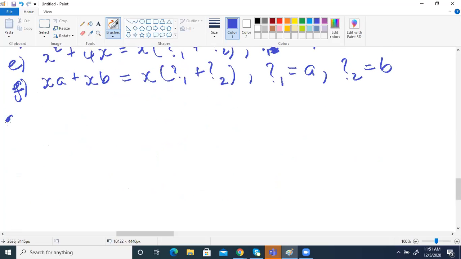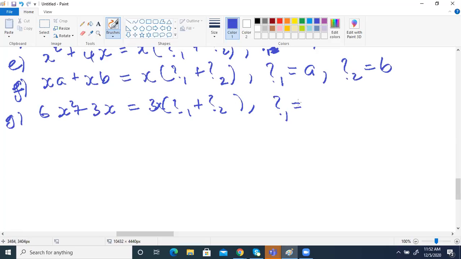So G. 3x, and then question sign. The first question sign is 2x, then plus 1. So 2x plus 1. Is everybody good with that? Good so far.